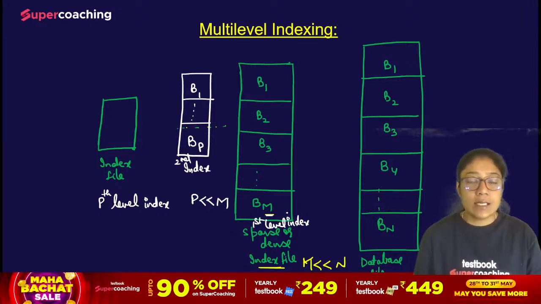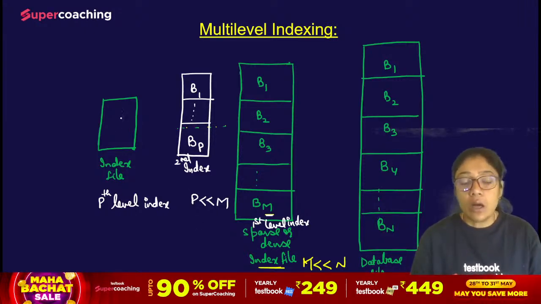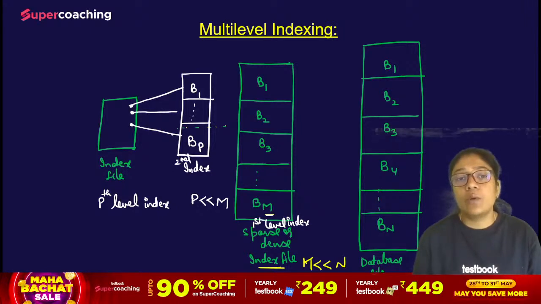Okay, is this clear? So now what will happen here? In main memory only one block is there, and the first level index onwards will be pointing to different blocks. Wherever the entry is, it will be pointing to that block. Only that block will be transferred from the secondary memory to main memory.